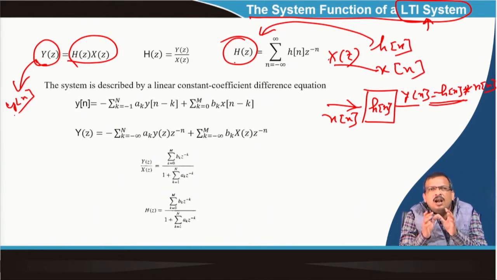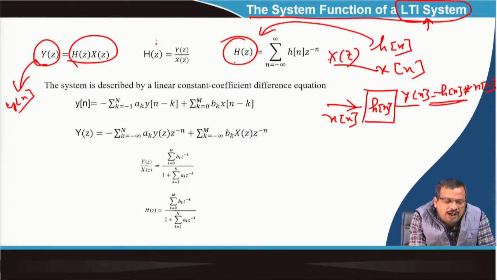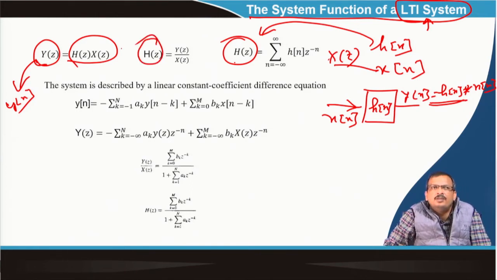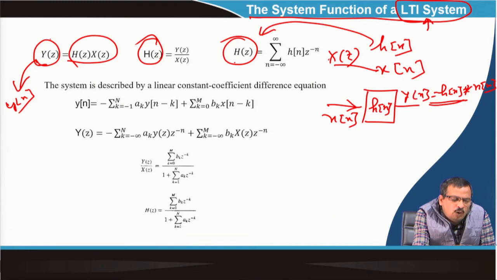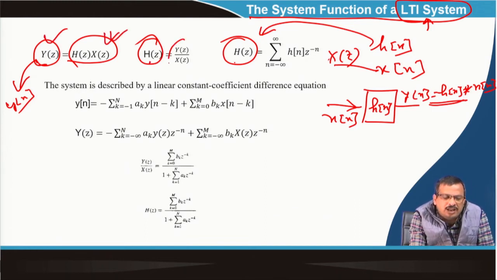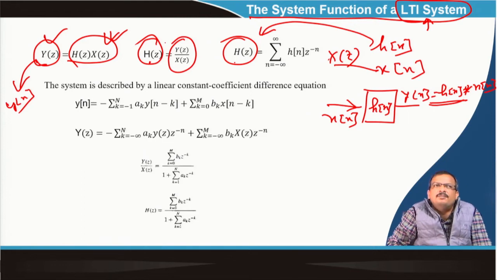Now, suppose I know the output signal and the input signal, and I want to derive the transfer function. If I know Y(z) and X(z), the transfer function is nothing but Y(z) by X(z).